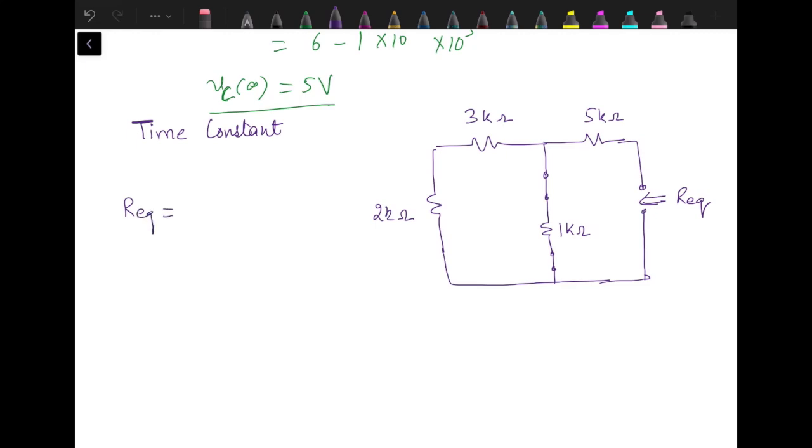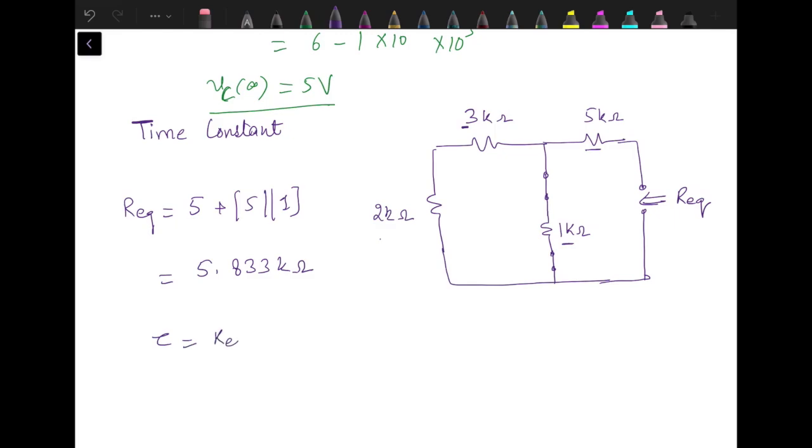R equivalent is 5 in parallel with 1, and that is in series with 5. So 5 plus 5 in parallel with 1, which will give us the value of equivalent resistance as 5.833 kilo ohm.